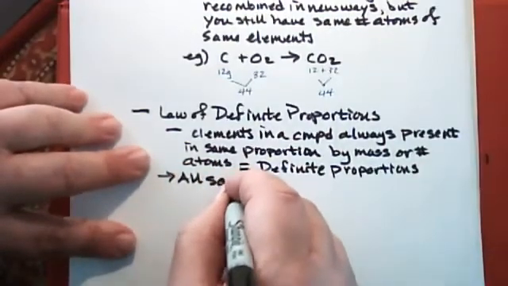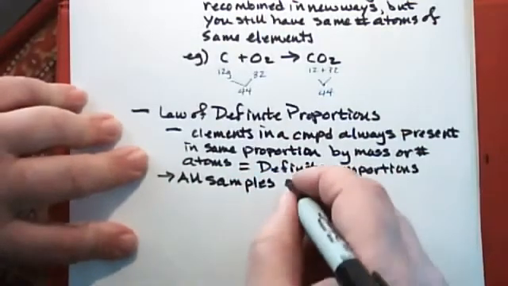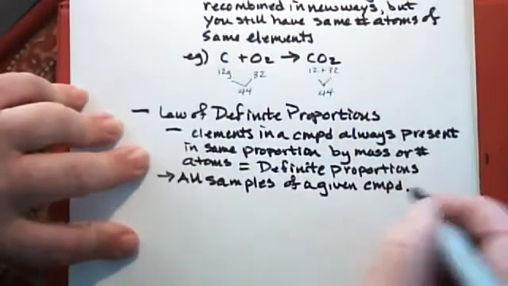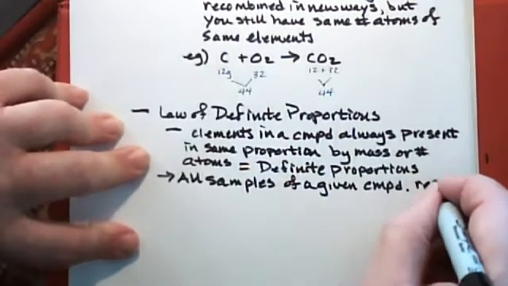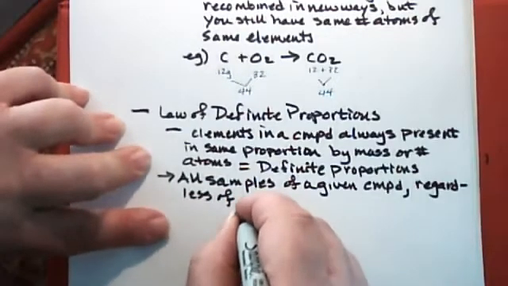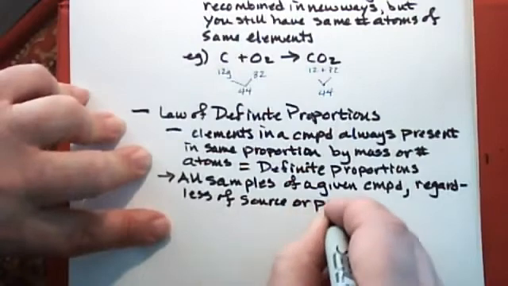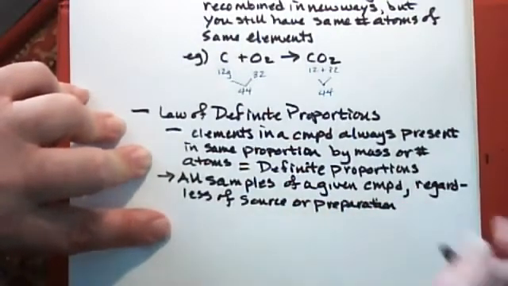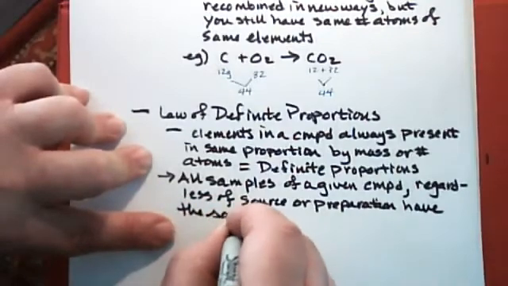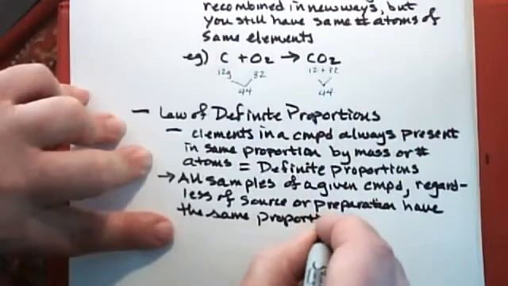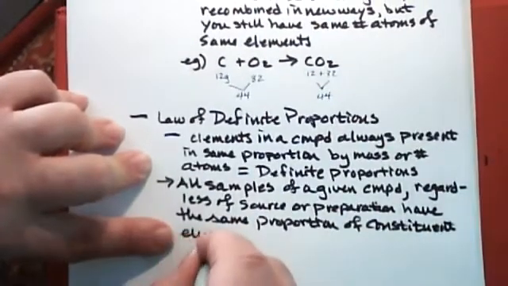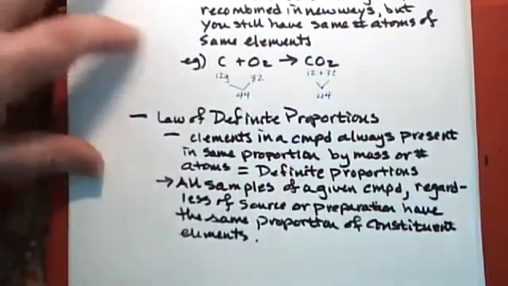A more formal statement would be that all samples of a given compound, regardless of source or preparation method, have the same proportion of constituent elements. So that's kind of a more formal way of saying it.